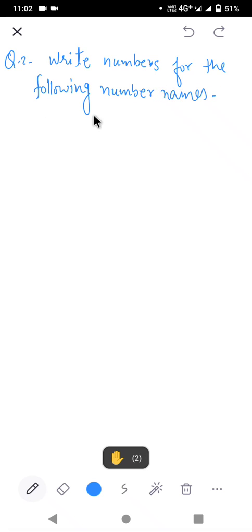So I'm giving you number names here and you have to write them in number form. Students, start copying.